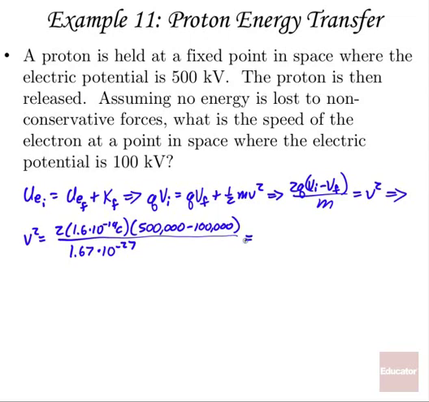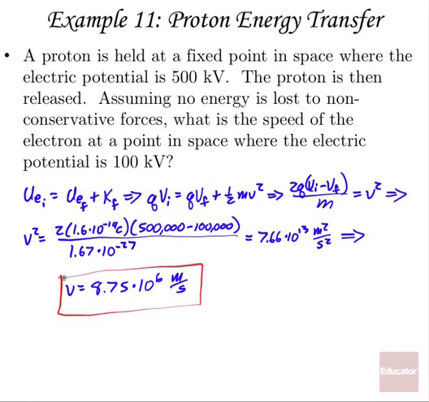Plug all that into my calculator, and I come up with something around 7.66 times 10 to the 13th meters squared per second squared. So if I want just velocity, I take the square root of both sides and get that v is equal to 8.75 times 10 to the 6th meters per second, converting electric potential energy into kinetic energy.